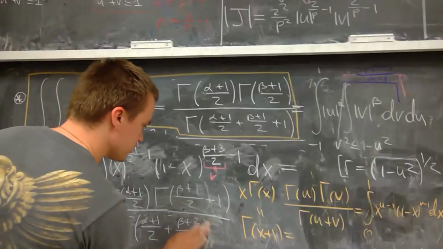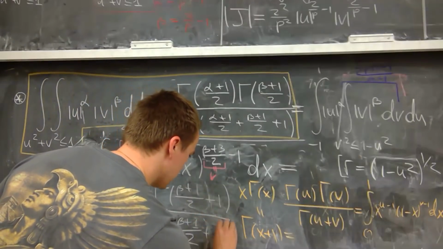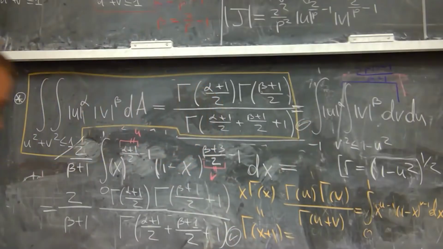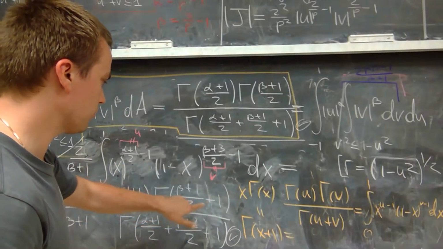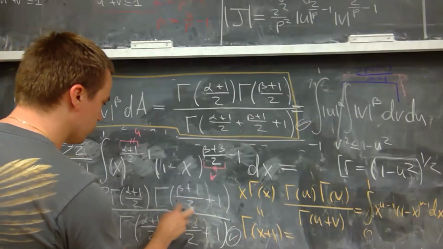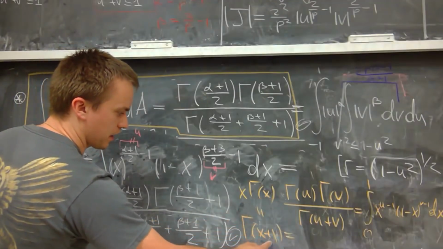So first I want to change this one. If I do the same over here, I will have beta plus 1 over here. So my bottom part, check. And 2 over beta plus 1, yeah, everything is right. So right now this is my x. So what I'm going to do over here, I will put this beta plus 1 over 2 in front. Why? Because I can move from this expression to this expression by erasing 1.